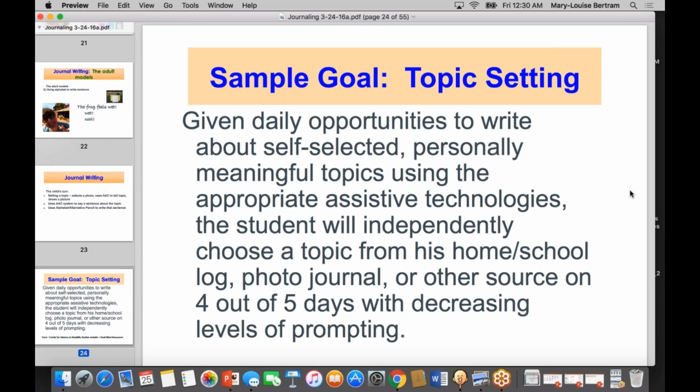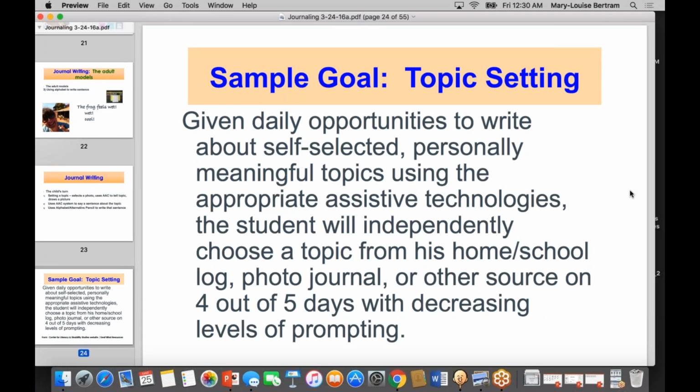And I love what Mary-Louise said about helping teachers understand that, yes, we may all be talking about what happened when the snake eye came, but that you get to choose your own little part about it. That we want to make this be as student-driven as we possibly can. And that's why having that in the goal is as much for us teachers and therapists and parents as it is for the children.